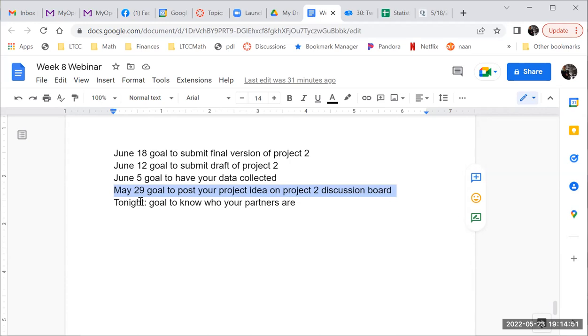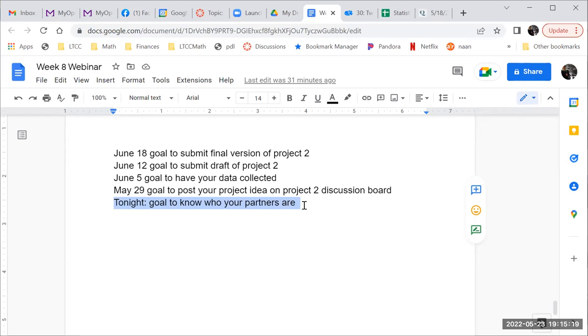And then by tonight, know who your partners are. I actually told you that weeks ago, remember? So you should have partners. Same rule, 2 or 3 in a group. 3 is a lot easier than 2 for lots of reasons, less work to do per person. And also if something happens to one of the people, then you still have 2 left and you don't get deducted. Is that clear in terms of timeline?